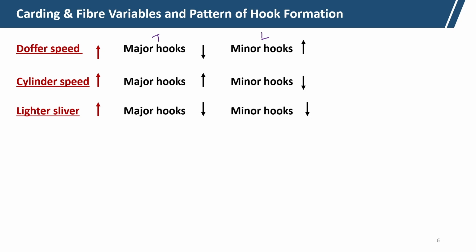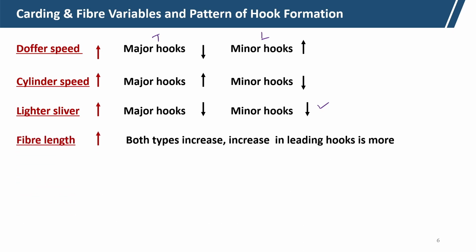With a lighter sliver, both the trailing hook and the leading hook reduce. That means if we have a thinner sliver, with a low linear density, both the hooks can be reduced.